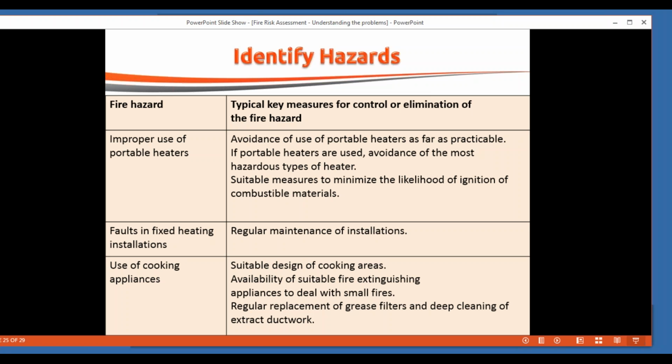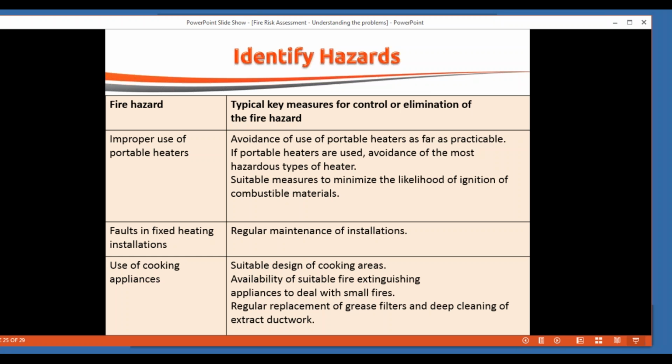So although we have to identify the hazards and look at the measures that can be put in place to reduce the potential risk, that has to be a process of, once the report is produced, discussing and reviewing that with the management, with the person in control of the premises, to actually see what they physically can or can't do and what they're actually going to adopt.